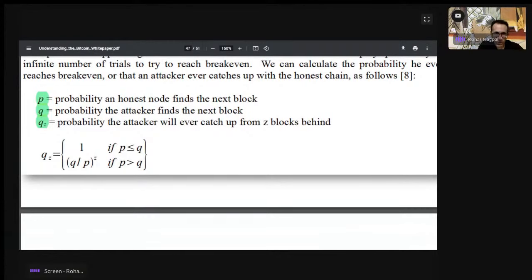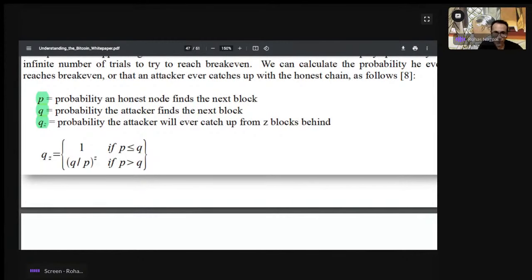So now there are two options. The first is the probability is 1 if P is less than or equal to Q. That means if the probability of the good guy finding the next block, which is P, is less than or equal to Q, which is the probability of the bad guy finding the next block, then 1, which means definitely the bad guy will catch up.